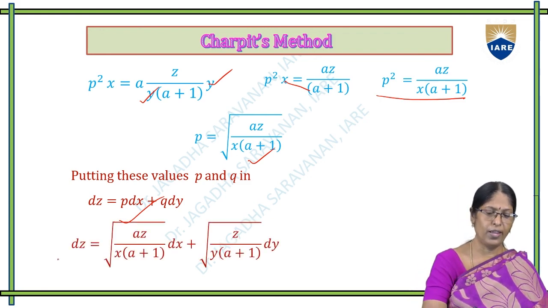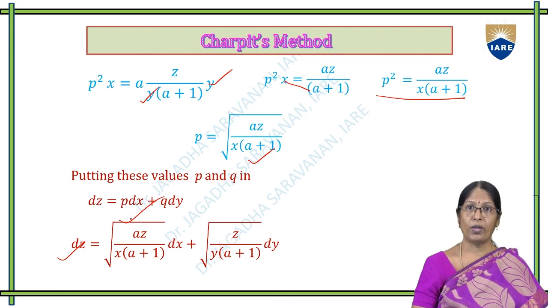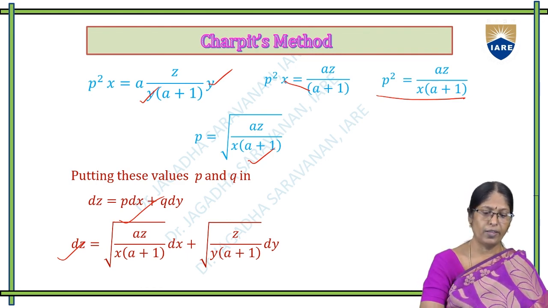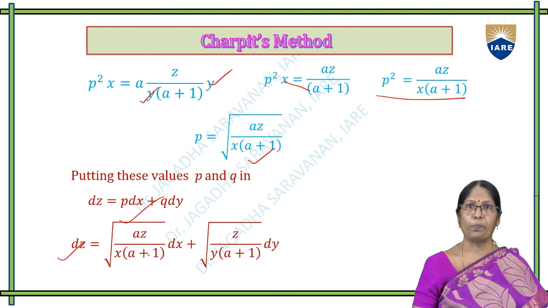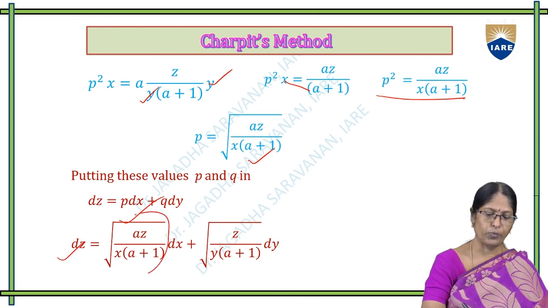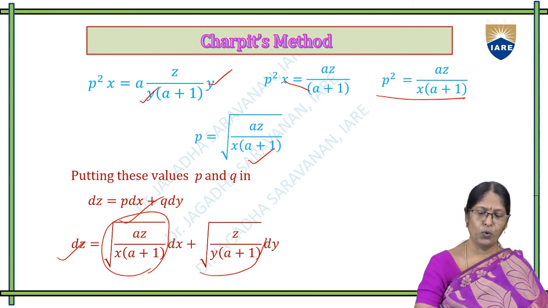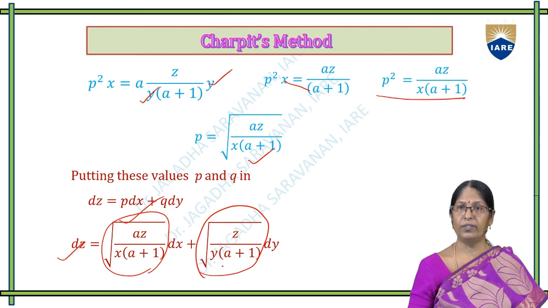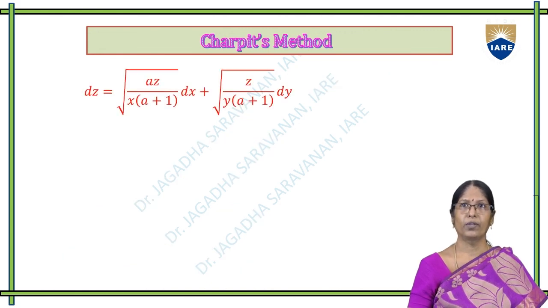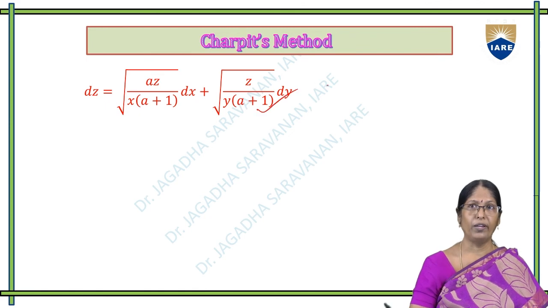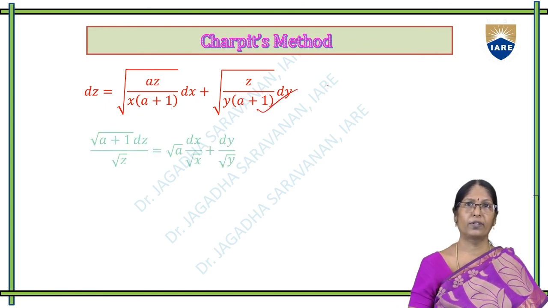That is, dz equal to square root of a z by x of a plus 1, what I am circling, that is the value of p, into dx plus the q value, what I circled, that is square root of z by y of a plus 1 into dy. So this is only what we obtained, just now we discussed.